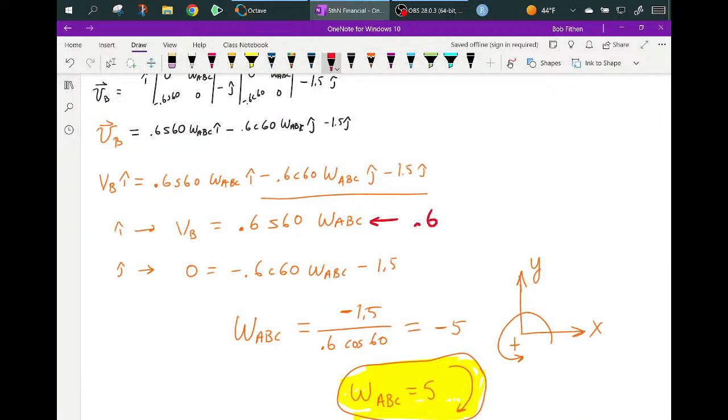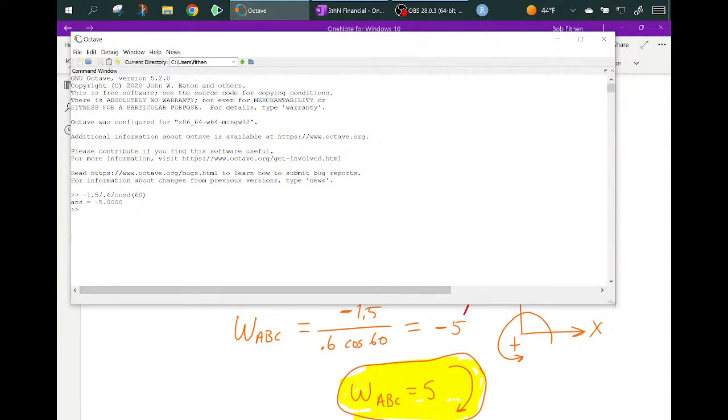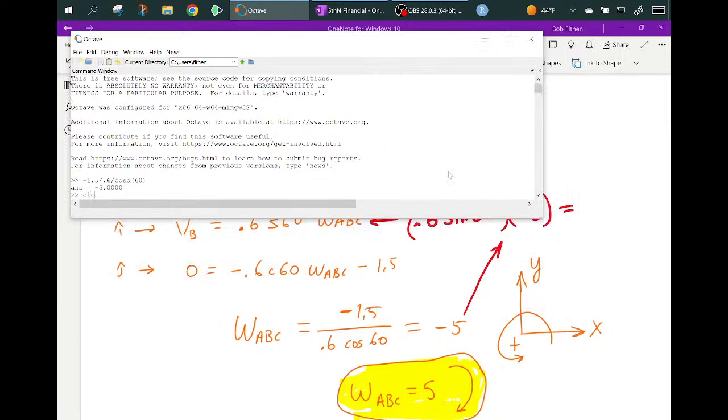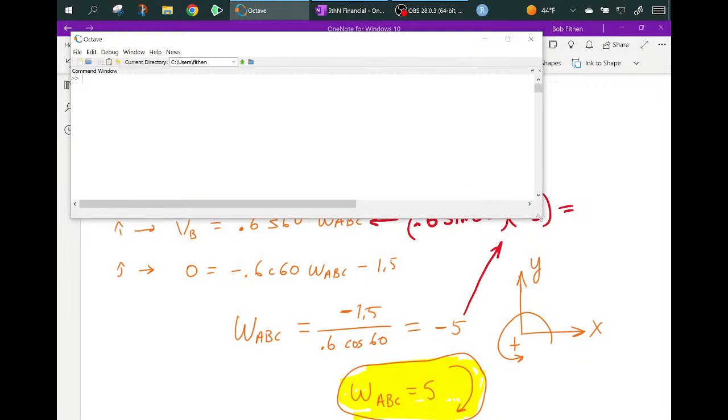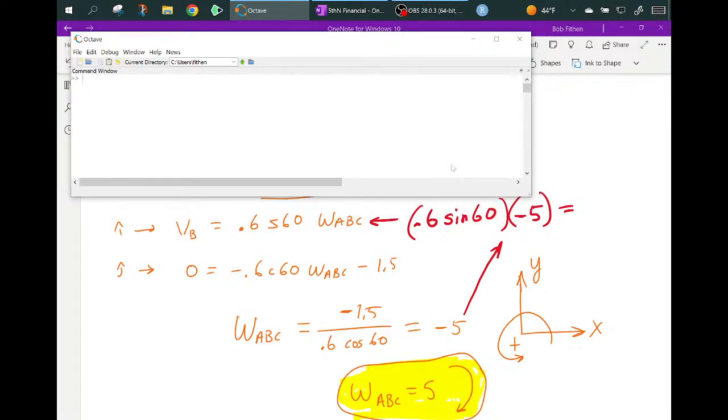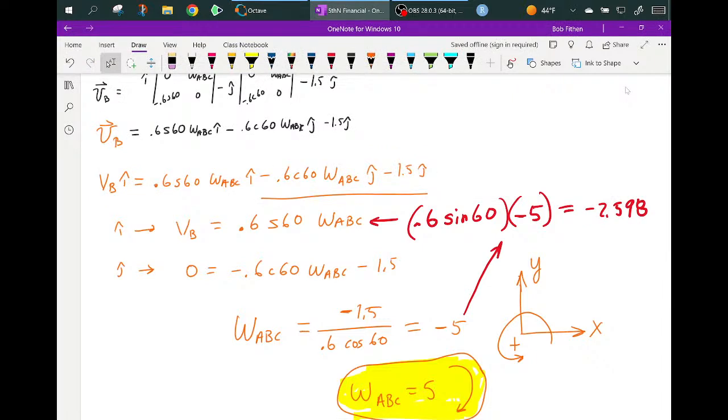And it would be nothing more than 0.6 sine of 60 times 5, or, since this is going to be very particular, minus 5 times 0.6 times sine of 60 degrees, or minus 2.598.